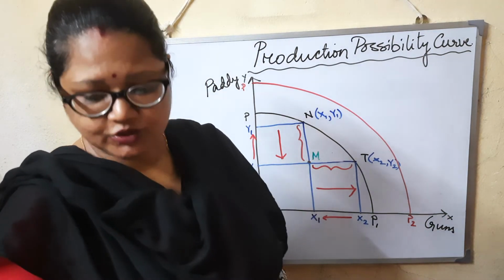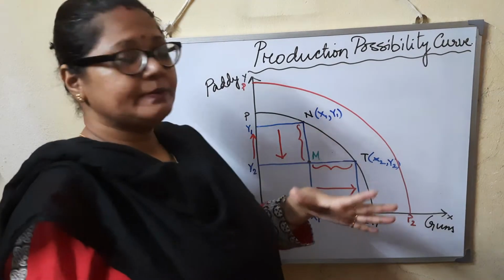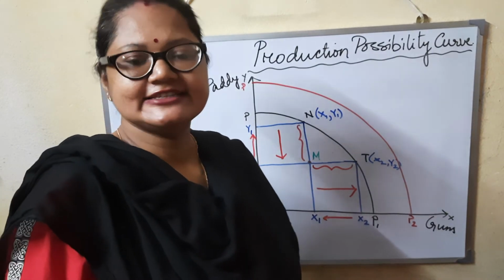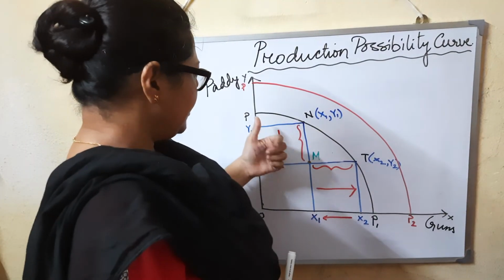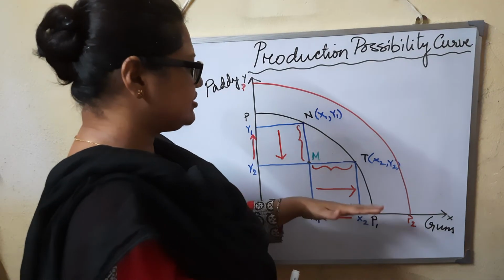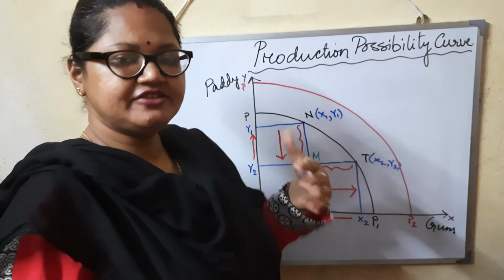In that case we see that both production of guns and paddy can be increased at the same time. In the previous one, we had seen that we cannot increase the production of both guns and paddy together. To increase one, we had to reduce the other one.